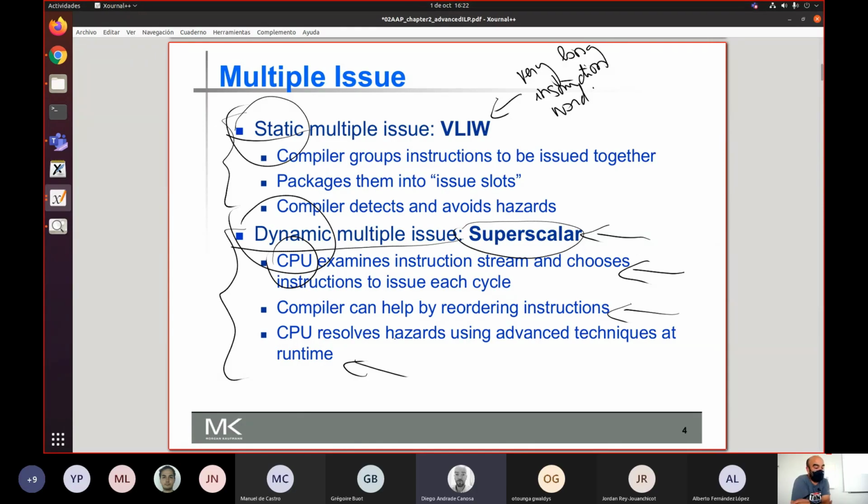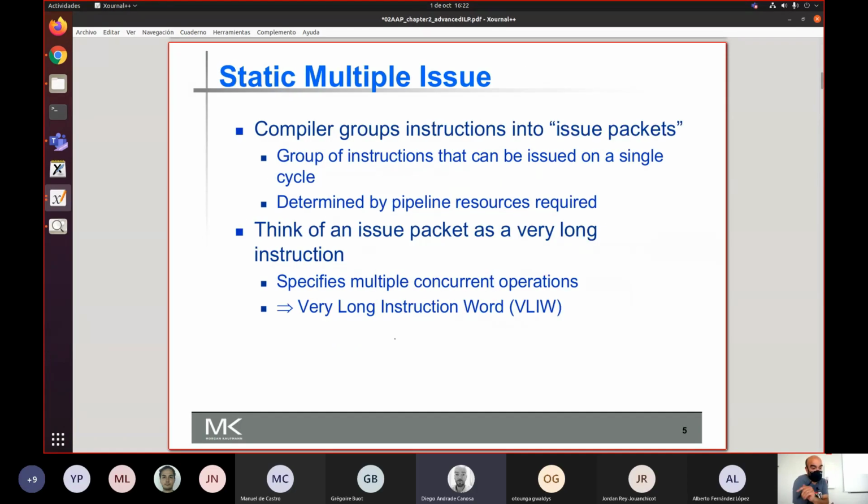Okay, so let's talk a little deeper on static multiple issue. In static multiple issue, the compiler, and here it is very relevant that the compiler is aware of the architecture, has to create issue packets, which are packets of a given number of instructions, the ones that can be issued by the processor at the same time, okay, that are going to be decided to be executed or issued concurrently, okay?